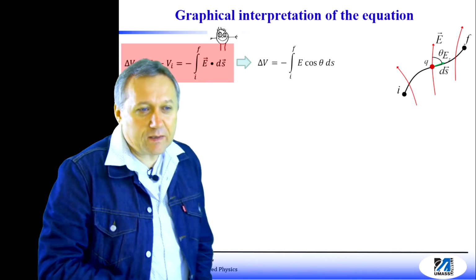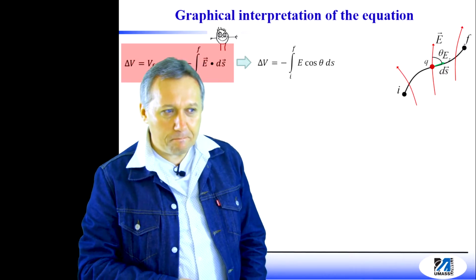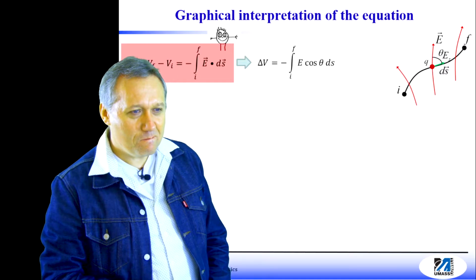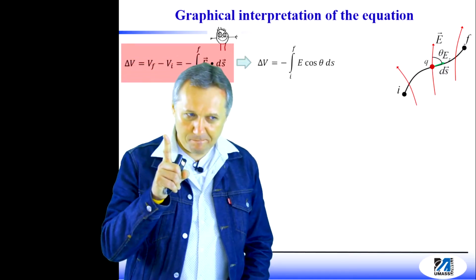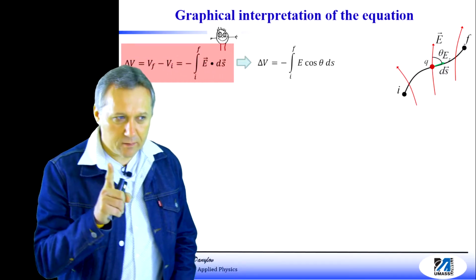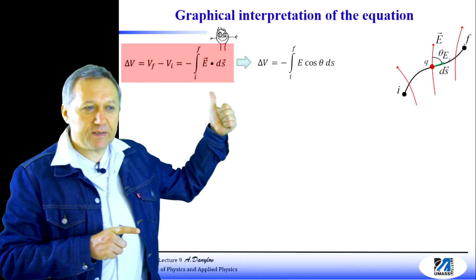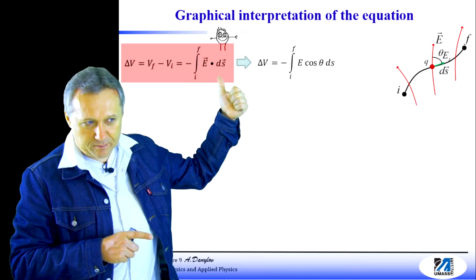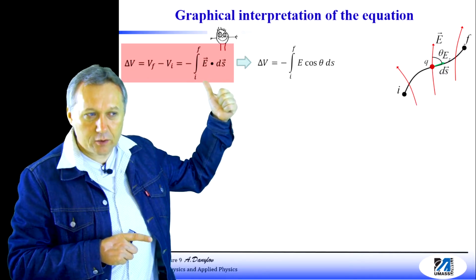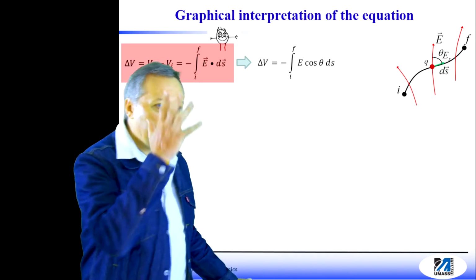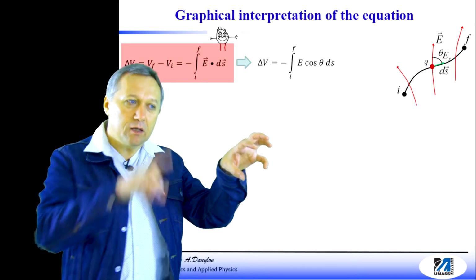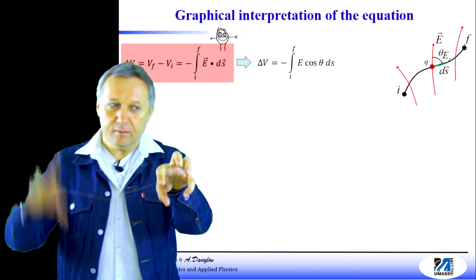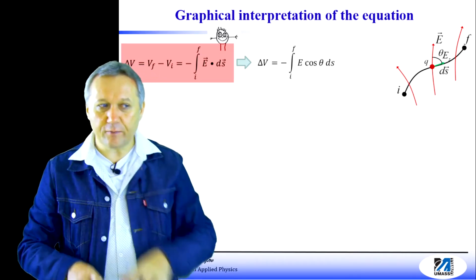Okay, let me write that. Professor, I have a question about that. So, are you creating that angle based off your displacement vector and your electric field vector? Yes, because what we basically wrote explicitly is what E dot ds means, right? The dot product, remember, A dot B, vector A dotted or scalar product with vector B, is the magnitude of A, the magnitude of B times the cosine of the angle between them.